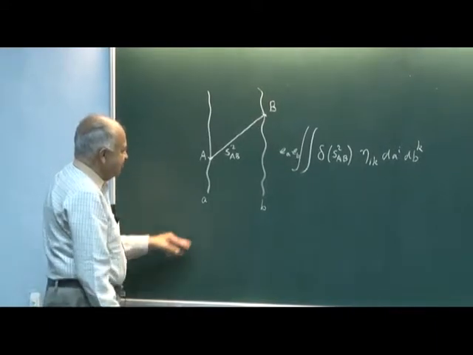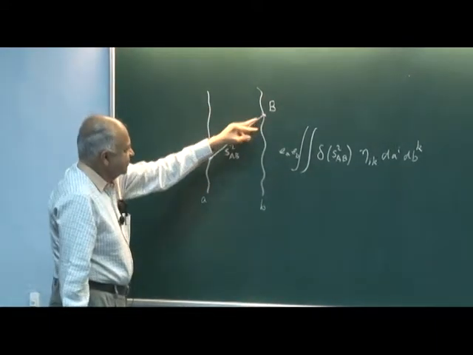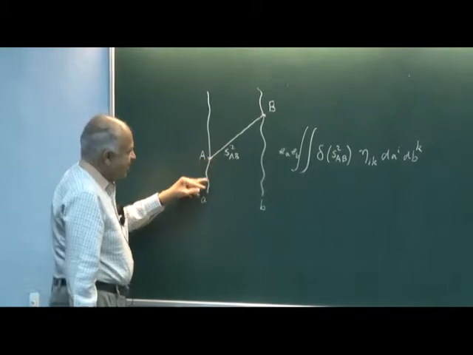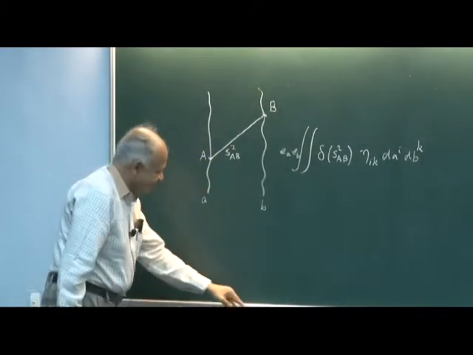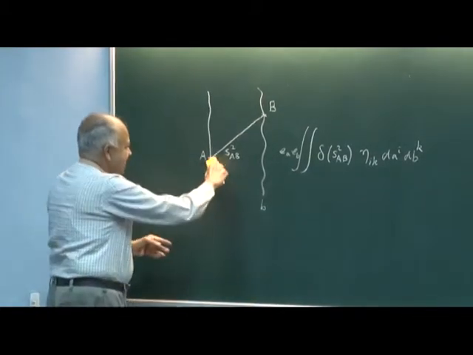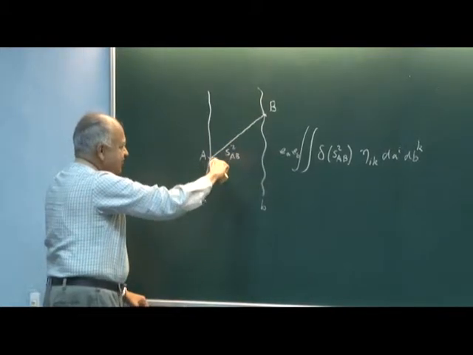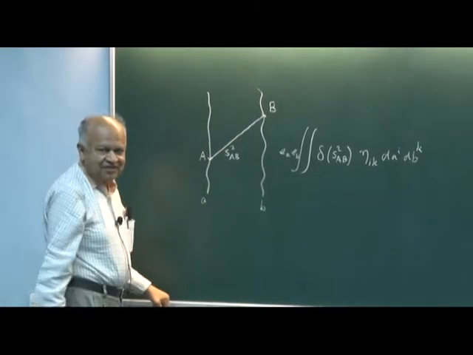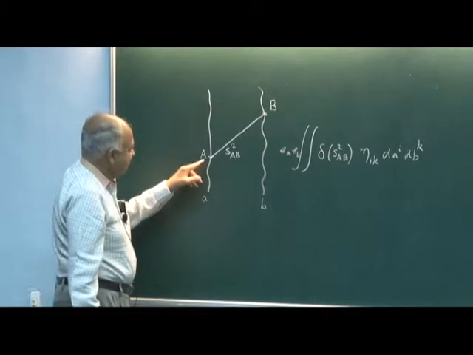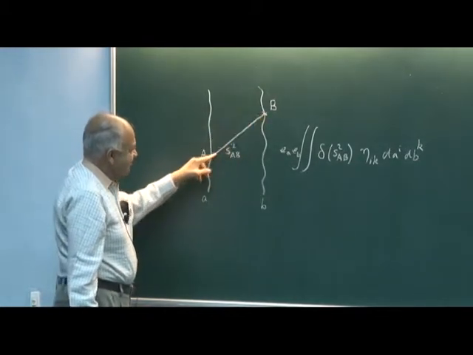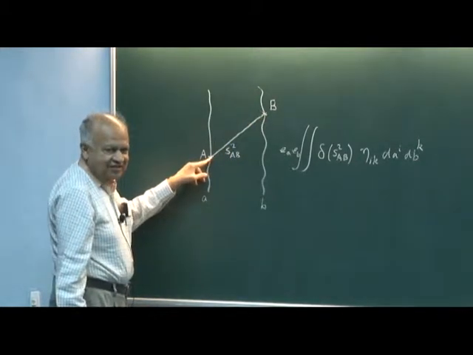What you can do is take any 2 points A and B. Here in Minkowski space-time there was a very simple connection from here to there. It was a straight line in Minkowski space.